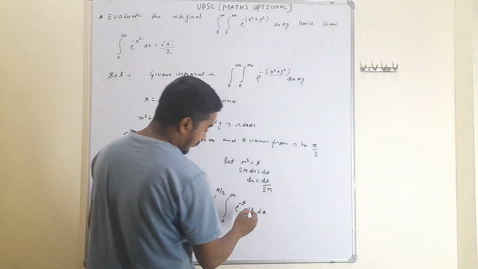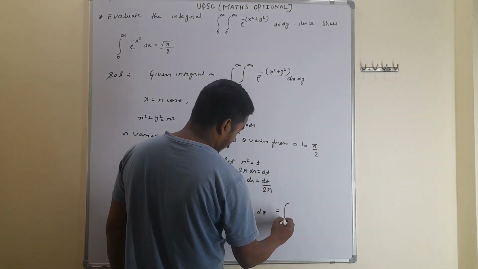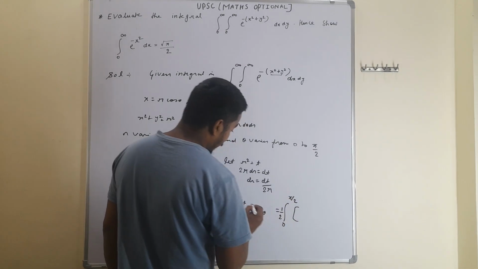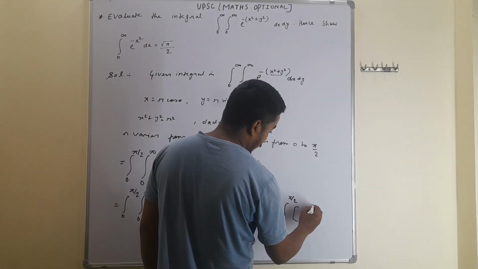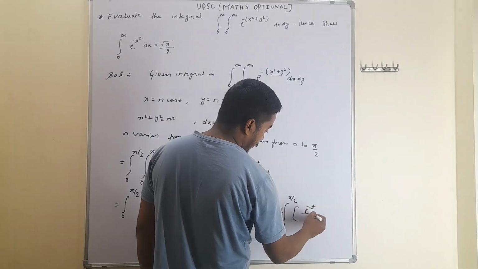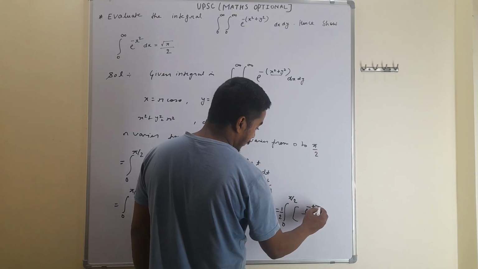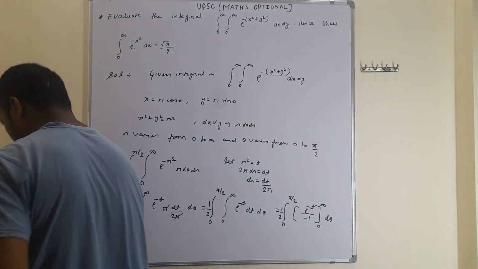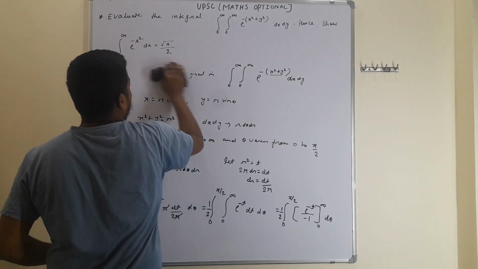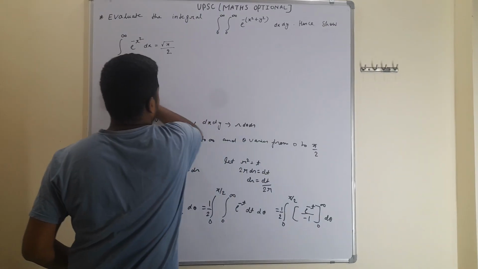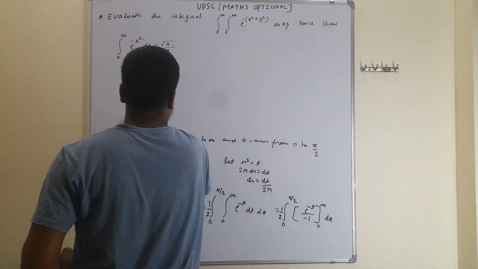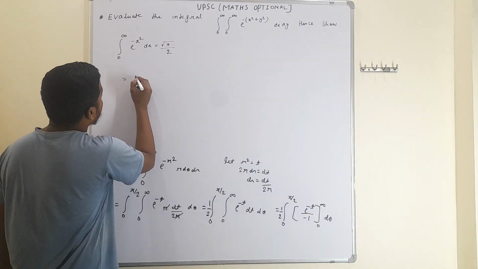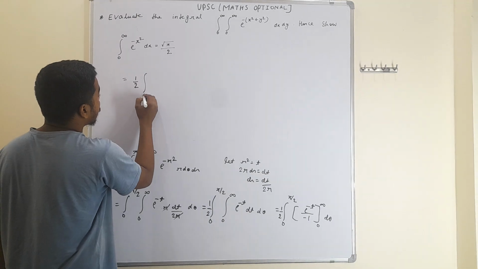On integration with respect to t, 1 by 2 is already present, 0 to pi by 2, and e to the power minus t integrates to e to the power minus t divided by minus 1, putting limits 0 to infinity, d theta.